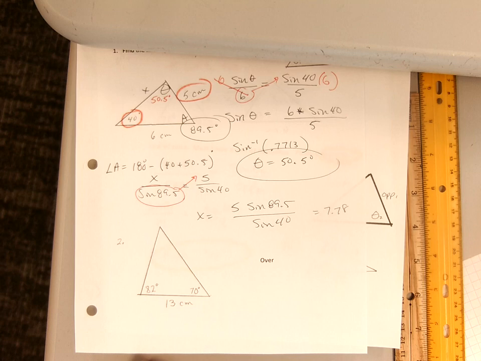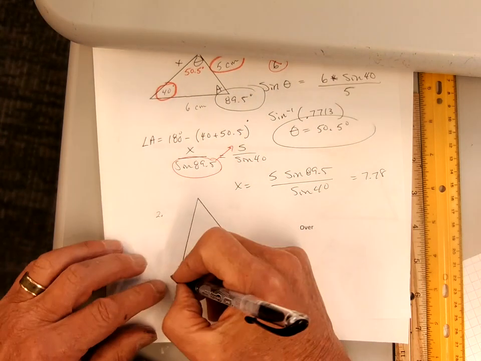Okay. So let's look at number 2 and do number 2 together real quickly. What's the first thing you think you should do? Yeah, that's easy. Let me give this a name. Let's call it my favorite, PIG. Triangle PIG. It's my favorite triangle.